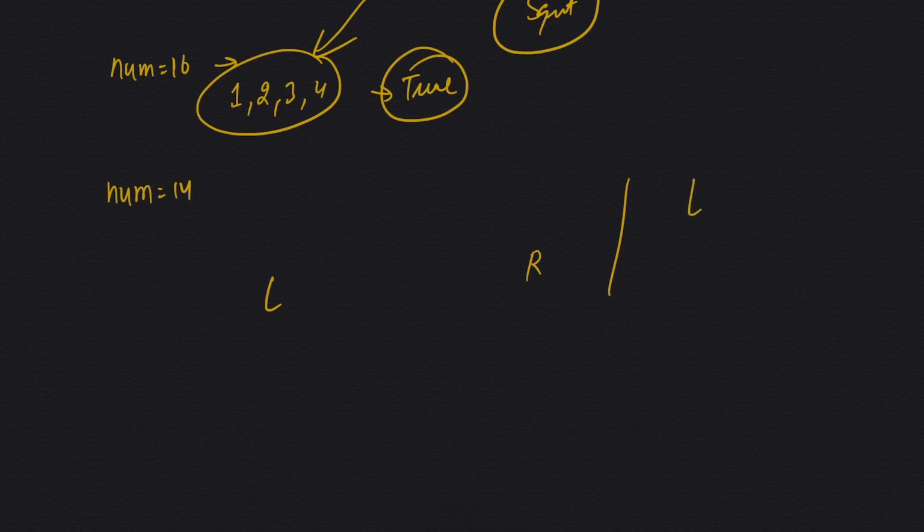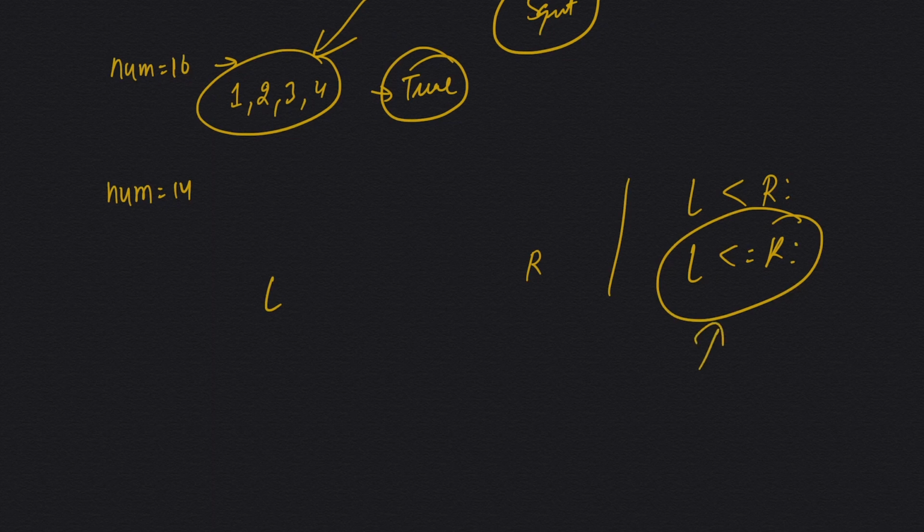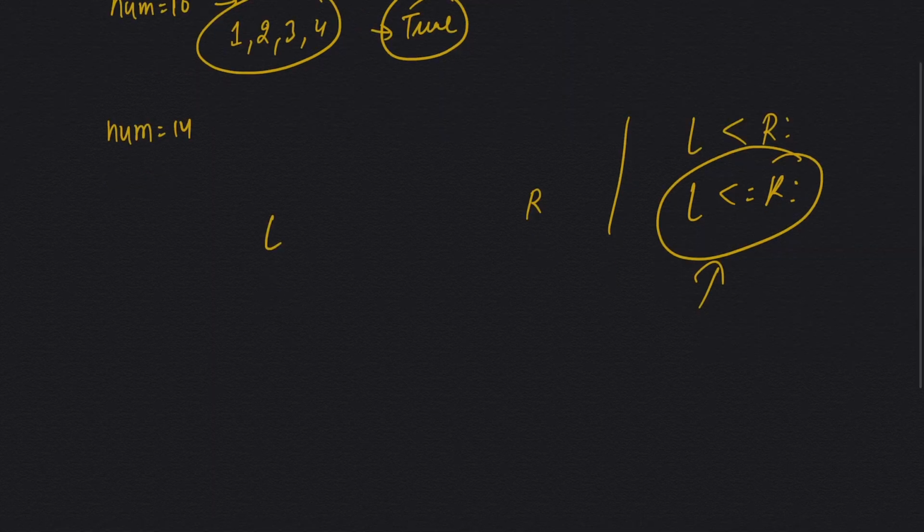Whether left is less than r or left is less than or equal to r. We are going to use this condition in this question, and I will talk about it in a while. We will take a left pointer and a right pointer and we will start looking for a mid. We will take a while loop. While left is less than or equal to r, I will take out my mid.